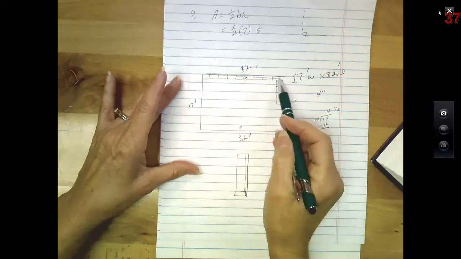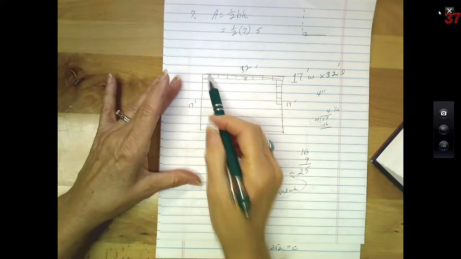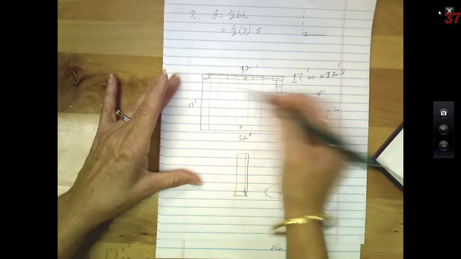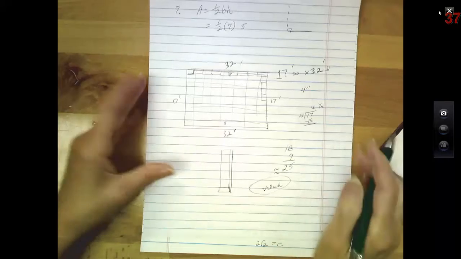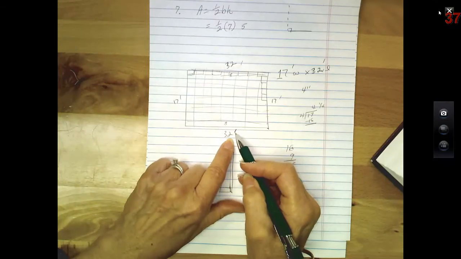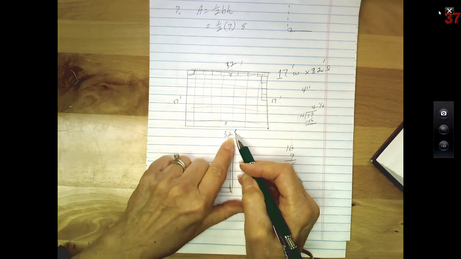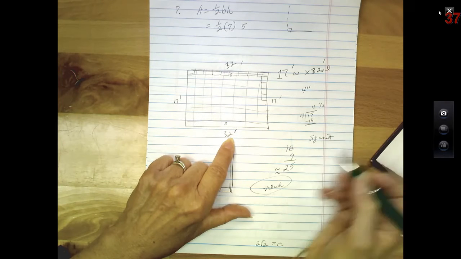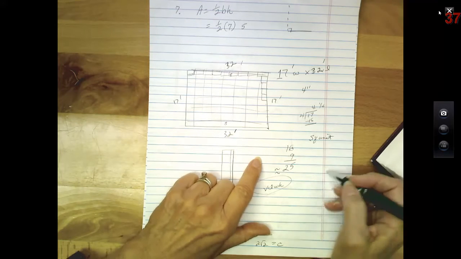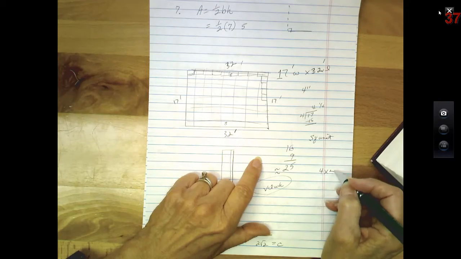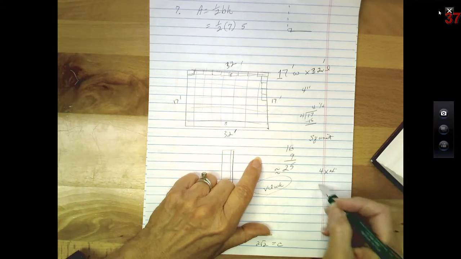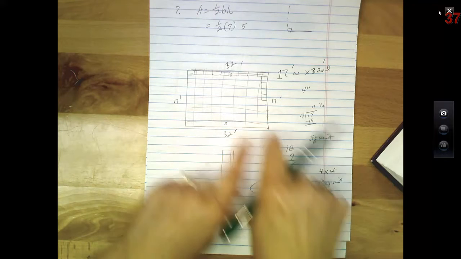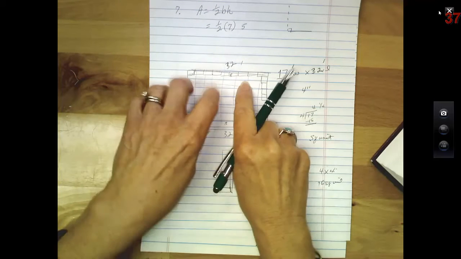But if you're just doing this and this and this, that's the perimeter. But if you've got to go across like that, then you would have to do 17 times 32, and that would give you square units. Then you'd have to divide it by the 4 by 4, which is 16 square units, and that gives you a rough estimate.